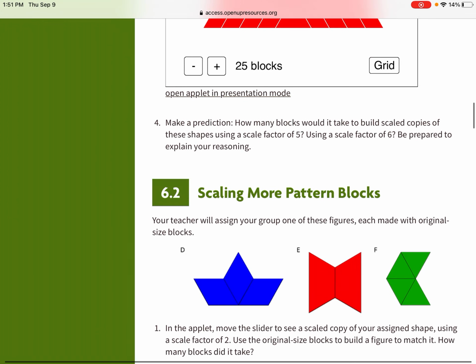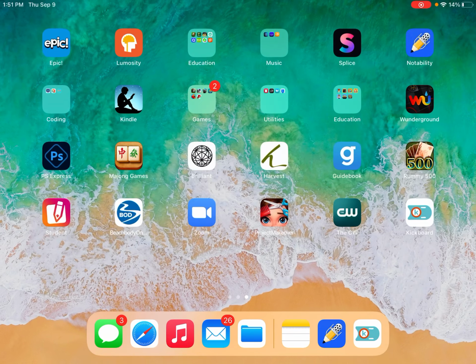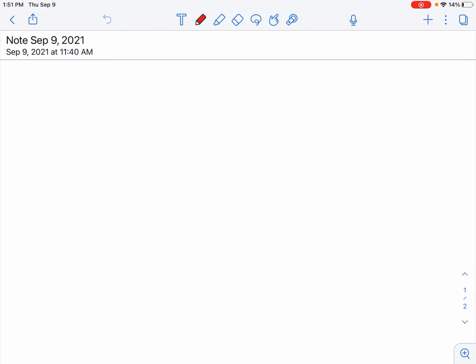So that is the part that we want you to see: the scale factor affects the area by the scale factor squared.